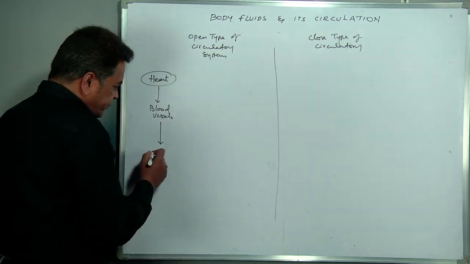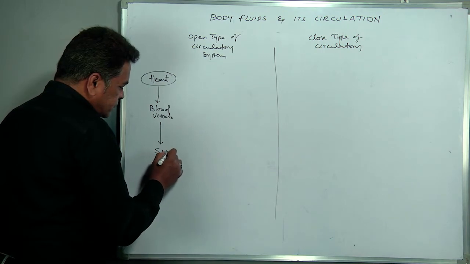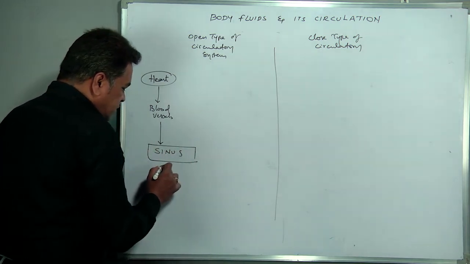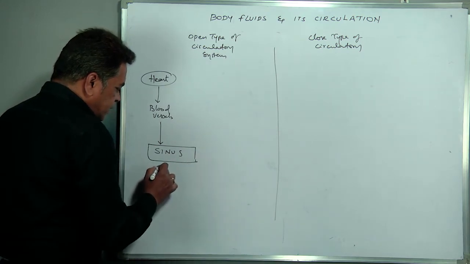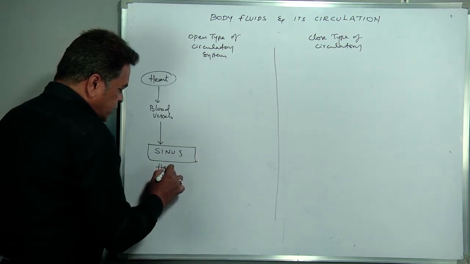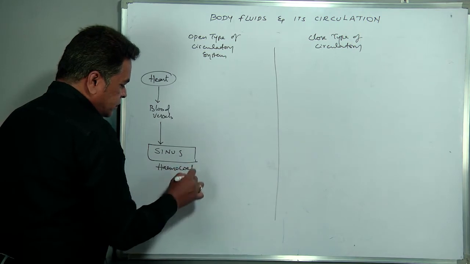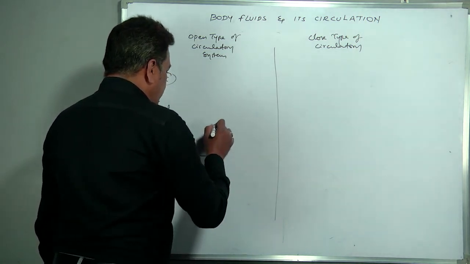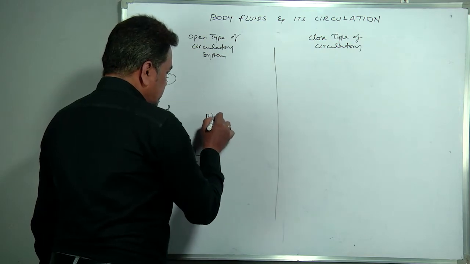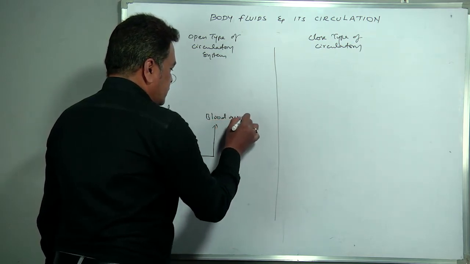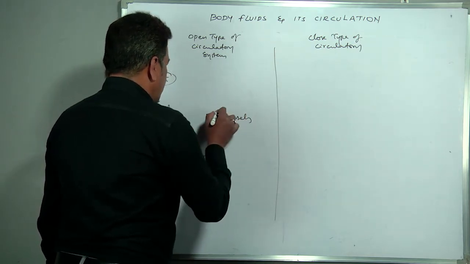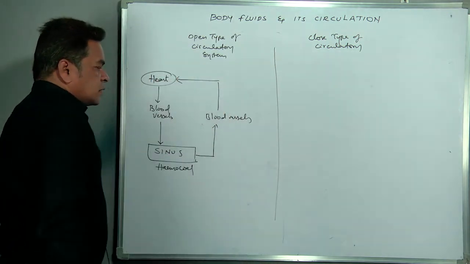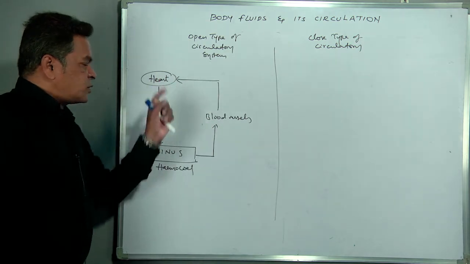From the blood vessels, the blood comes out into the sinus. The sinus, otherwise we call this a cavity or hemocoel, in the body cavity. And from here once again it goes back to the blood vessels, and from the blood vessels the blood reaches the heart.